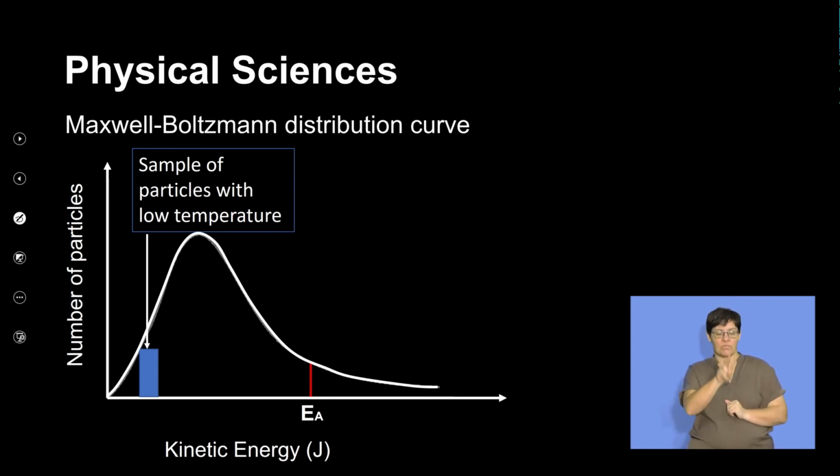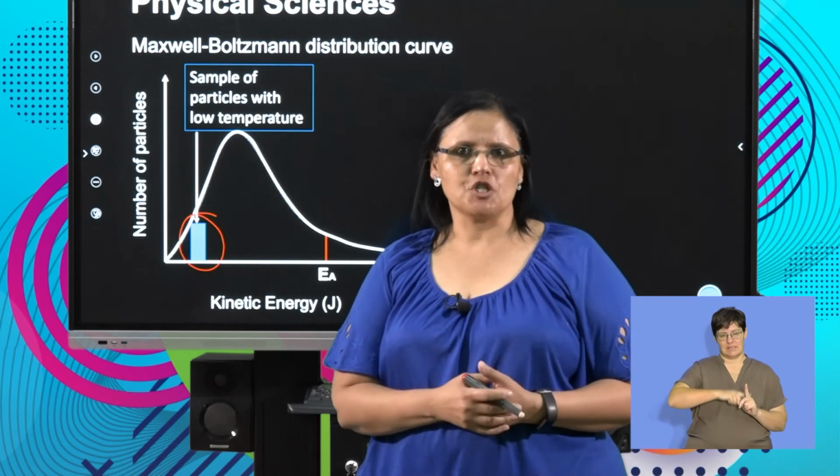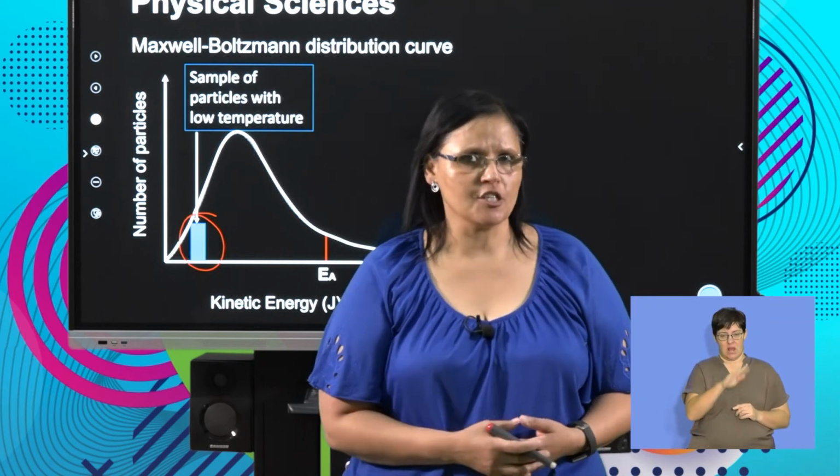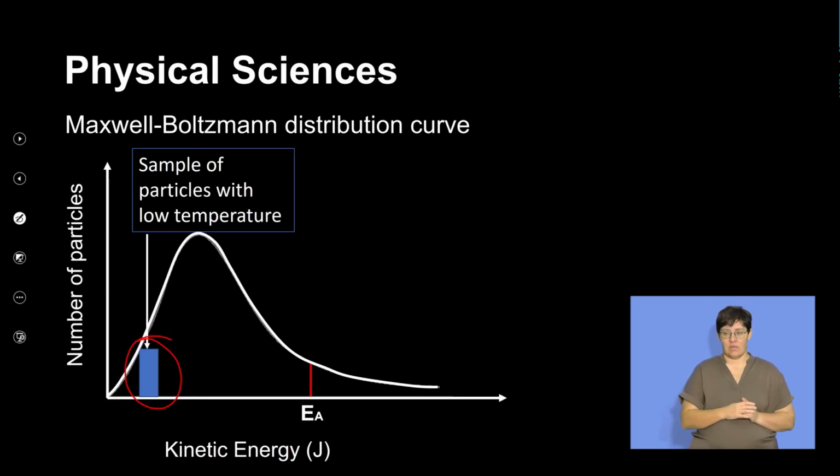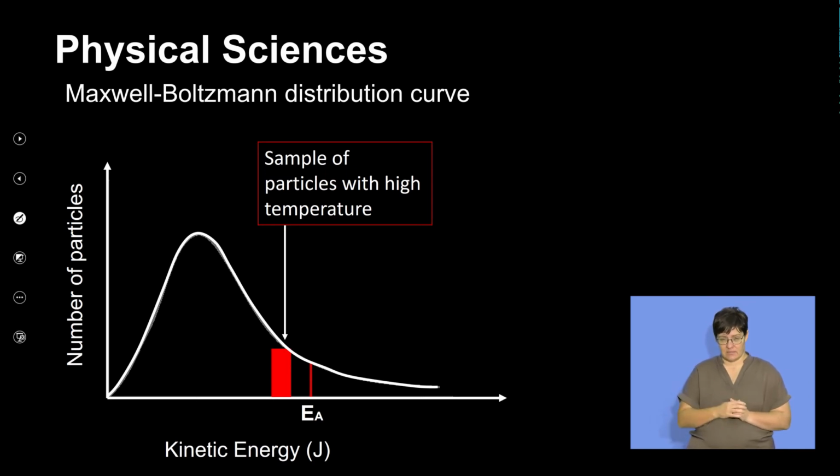So if we look at this normal curve again, we will see we have that sample of our particles that have a lower average kinetic energy. If we go further, we will see that we have a sample of our particles that lean towards an average kinetic energy at a slightly higher temperature.